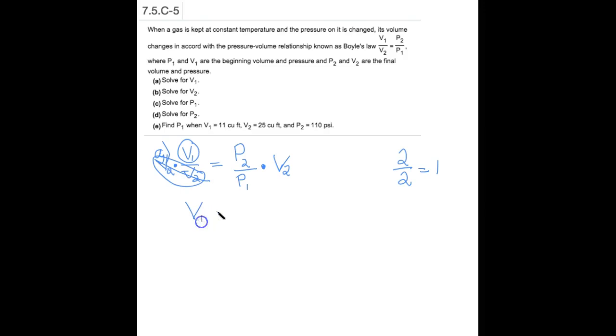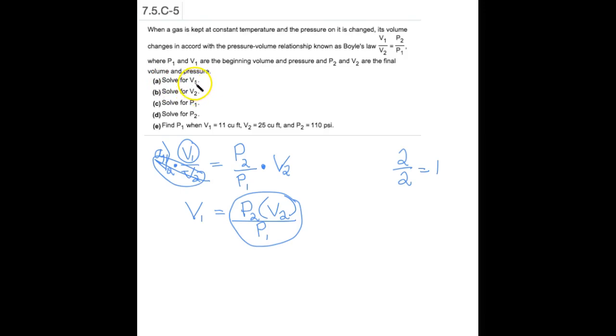And so we have V sub 1 equals pressure sub 2 times V sub 2 divided by P sub 1. I know you're used to getting a number for an answer, but this is actually what your answer for A will be when it asks you to solve for V sub 1.